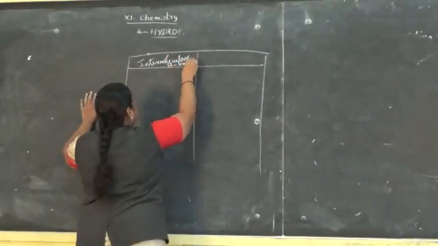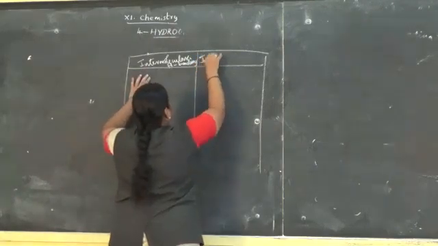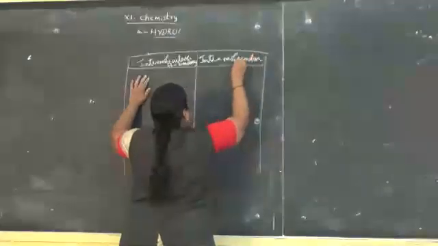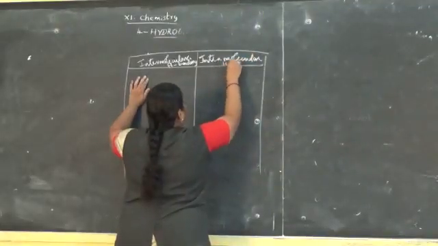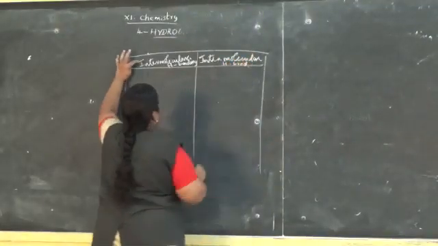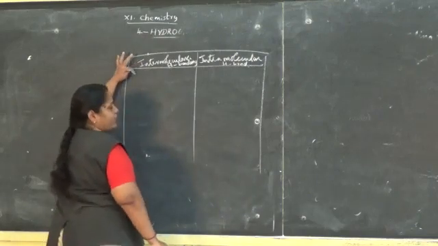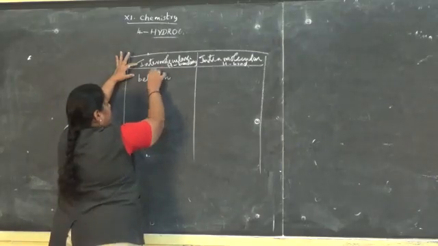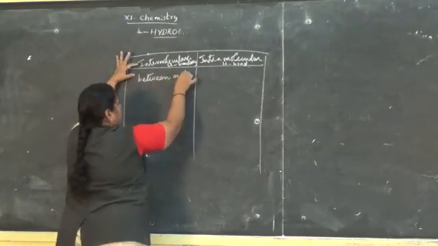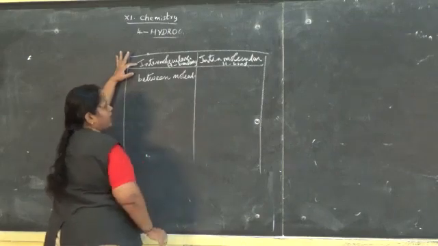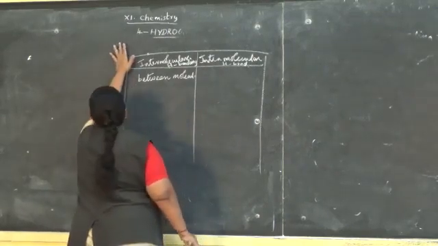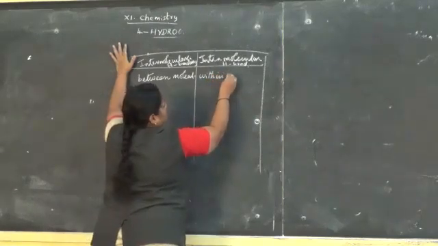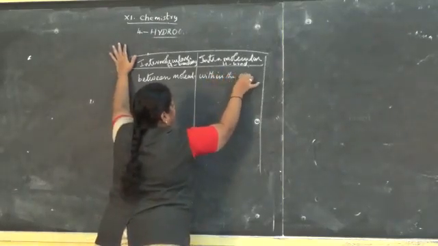Another one is intramolecular hydrogen bonding. Intermolecular hydrogen bond occurs between two molecules. Many times I mentioned that word, between molecules. Intramolecular hydrogen bonding occurs within the molecule, the same molecule.